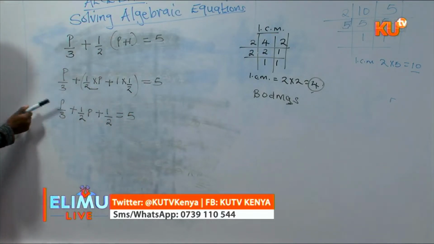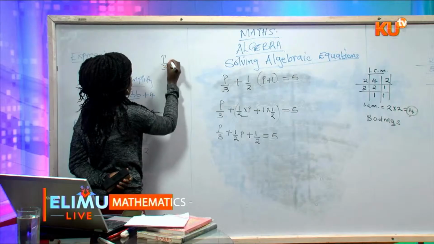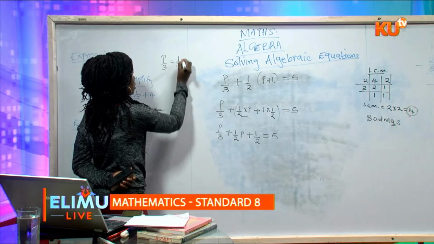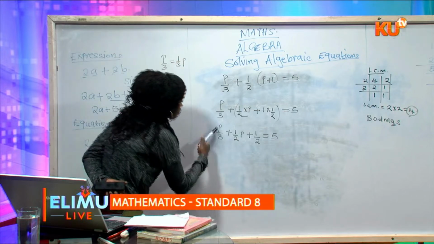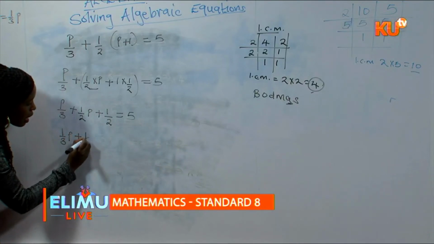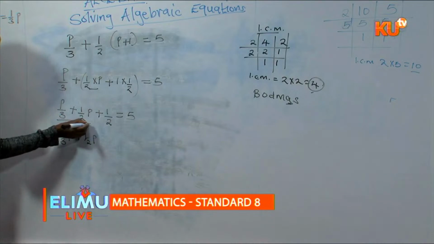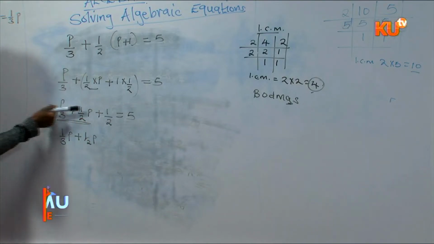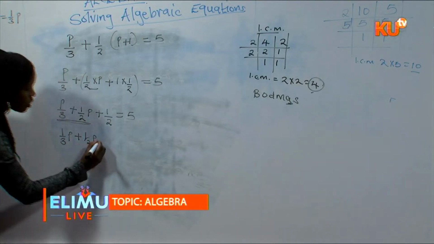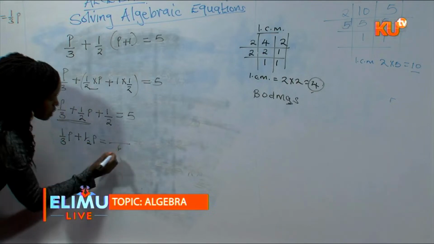From there now we put the like terms together. P over 3 is the same as a third P. So we take a third P plus a half P. First of all, we add the part where we have the unknown, the letters. We get the LCM of the denominators 3 and 2, and the LCM of 3 and 2 is 6.